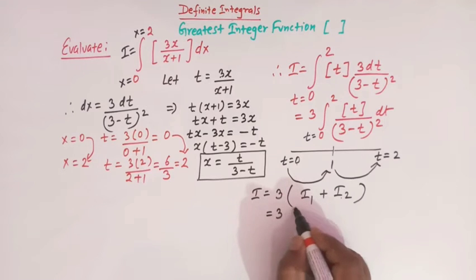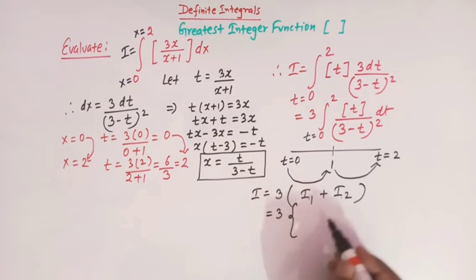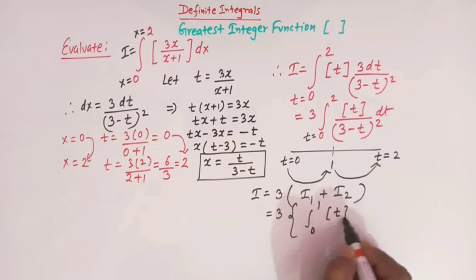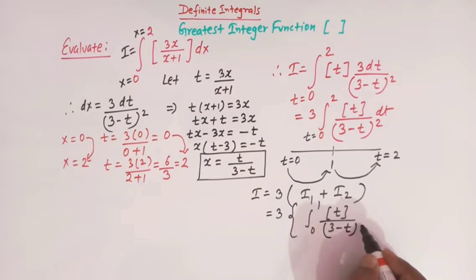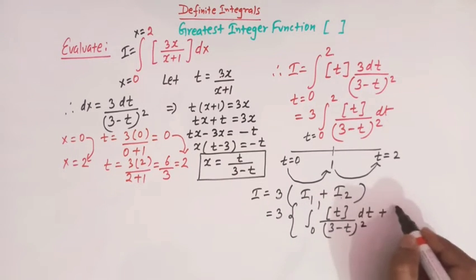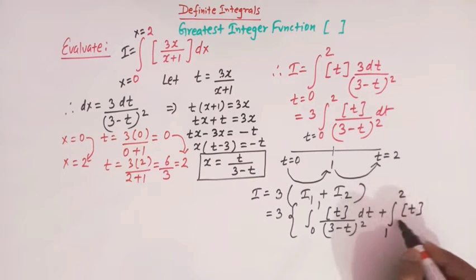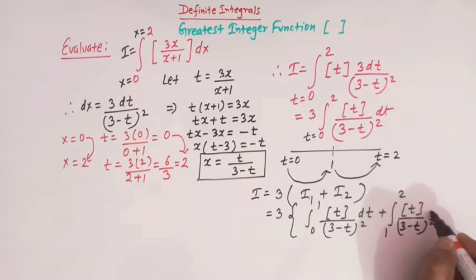So we can write 3, and I1 is from 0 to 1, greatest integer t over 3 minus t square dt, plus 1 to 2, greatest integer t over 3 minus t square, and here we have dt.